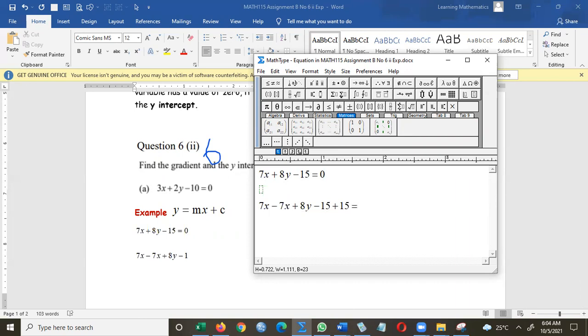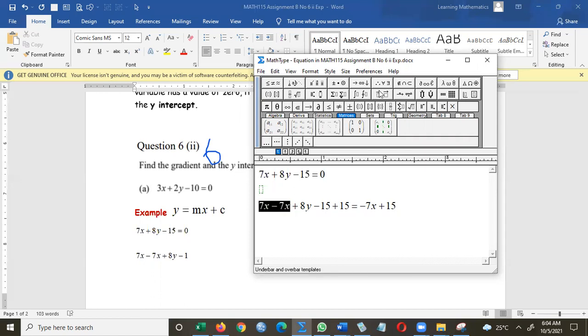Remember, you have to watch this video with pencil and paper and replay, write it out to pick it up. What you do on the left side, you do on the right side. So we introduce a minus 7x, so we have to introduce a minus 7x on the right side. We introduced a positive 15 on the left side, so we have to introduce a positive 15 on the right side.